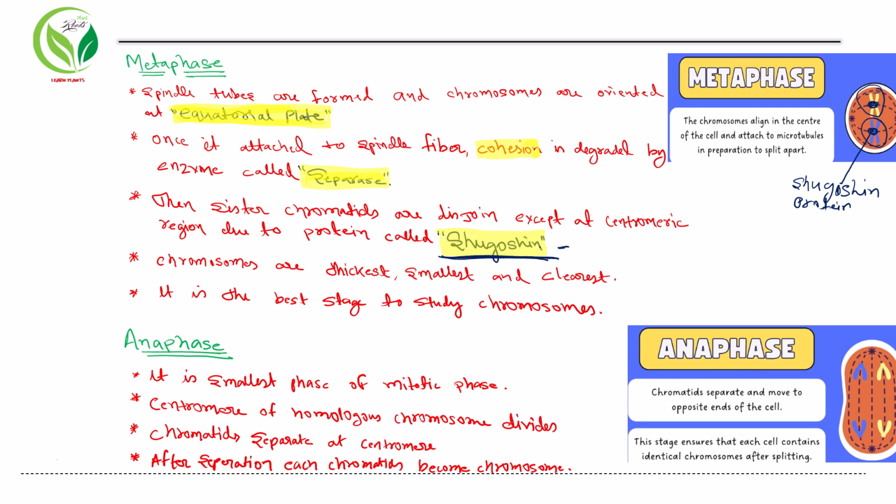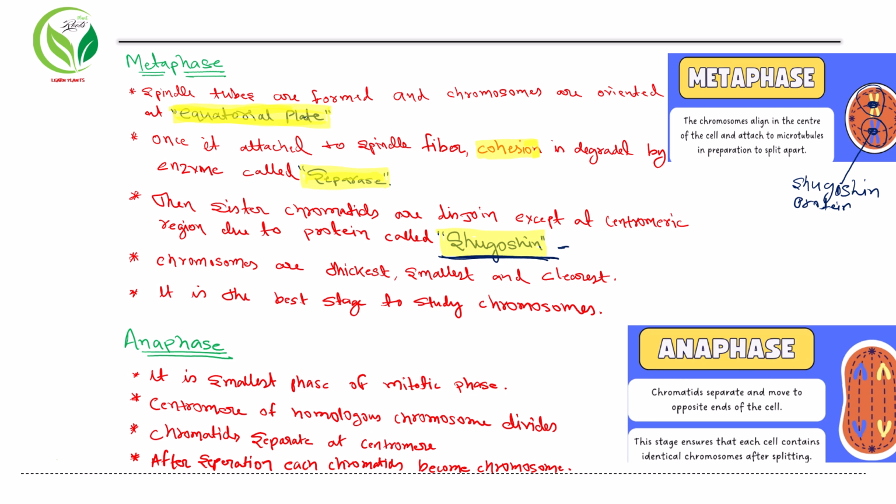And next is anaphase. So what is anaphase? In anaphase, the centromeric region of the homologous chromosome divides, and it results in chromatids separating at the centromere and moving toward the opposite pole.